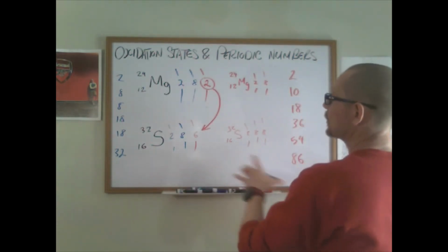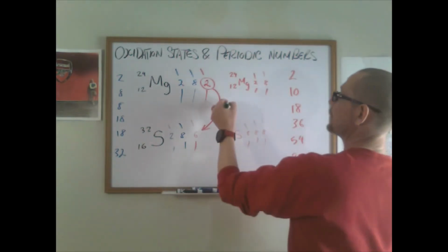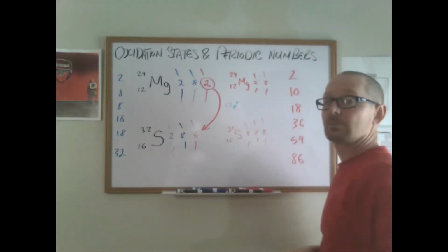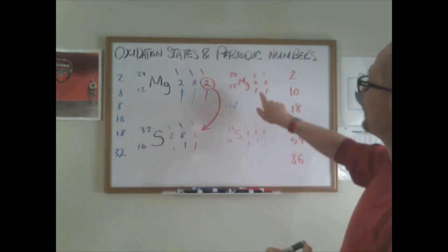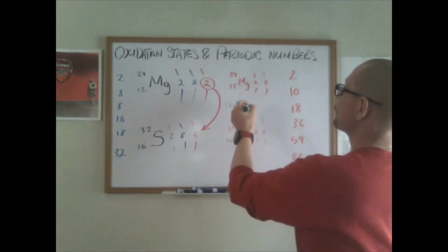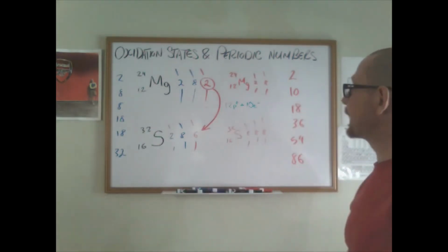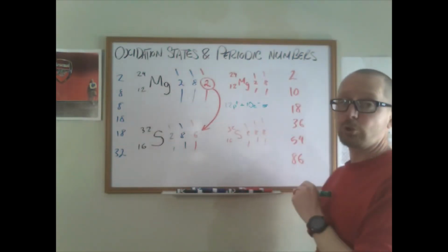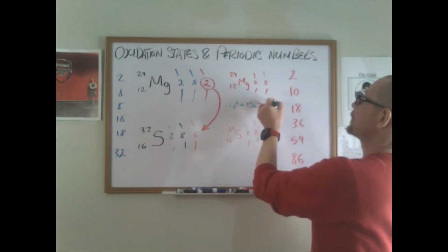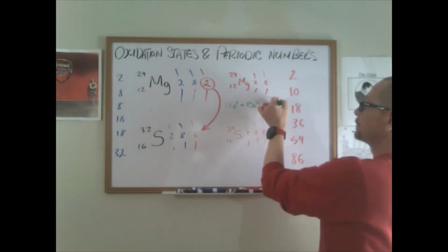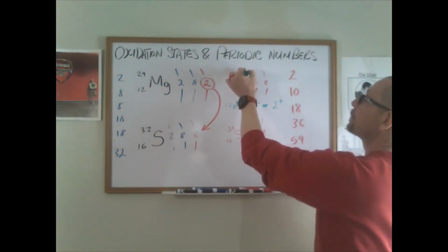I have 12 positives in the center, 12 p plus, right? And now I've only got 2 plus 8, 10 e negs. 12 positives, 10 negatives, equals an overall charge of 2 plus, or as we'd say, plus 2.